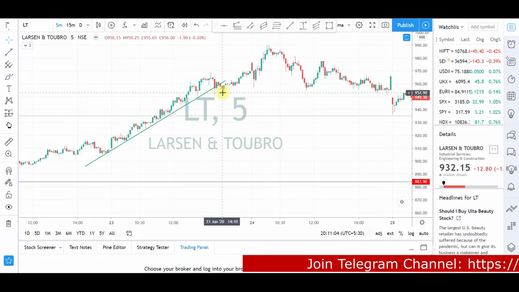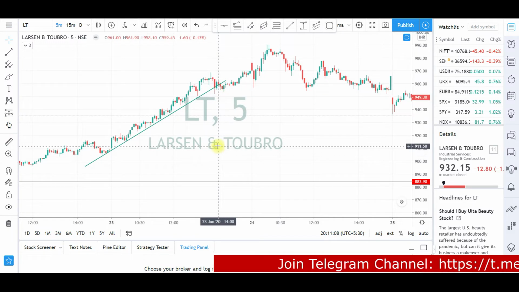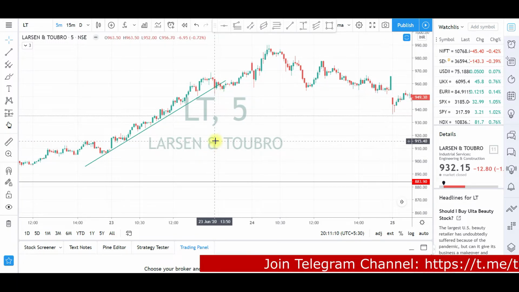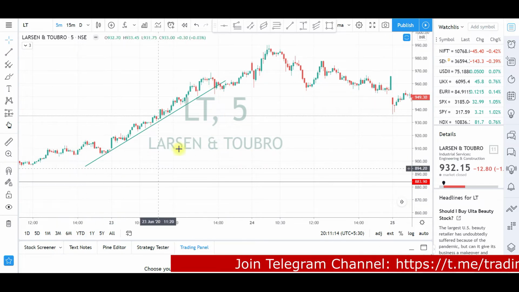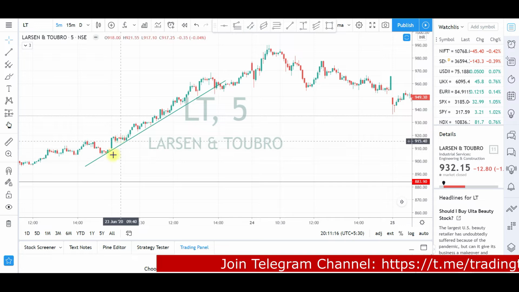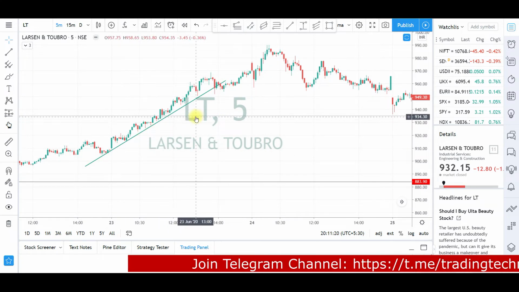But at this particular time, if you see the trend line is broken, do you think we would have taken a short trade here? The answer is absolutely yes.